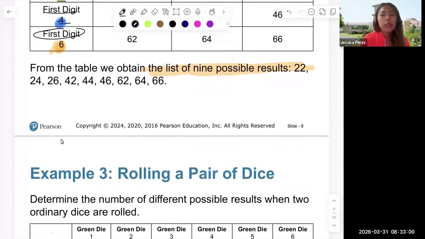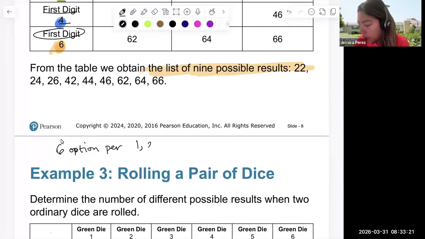Now we are going to look at the third example, where you want to roll a pair of dice. Determine the number of different possibilities when 2 ordinary dice are rolled. Now you have 6 options per die: 1, 2, 3, 4, 5, or 6.